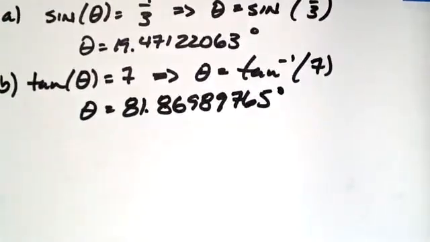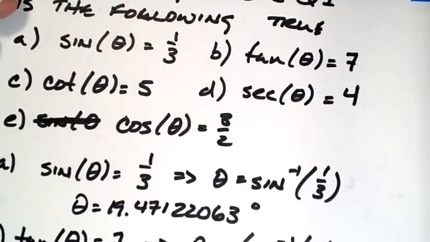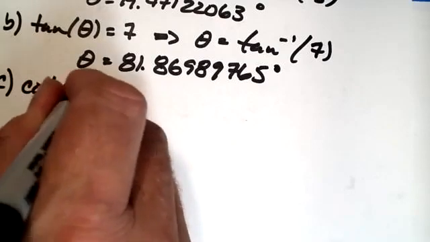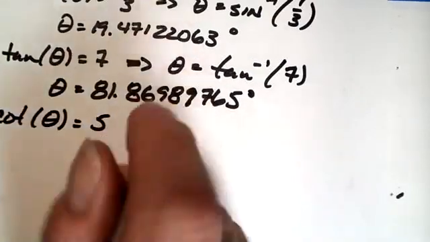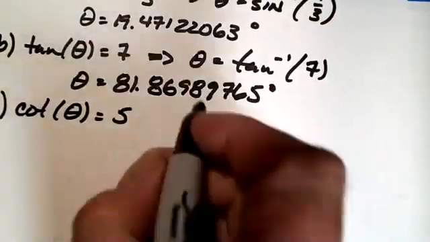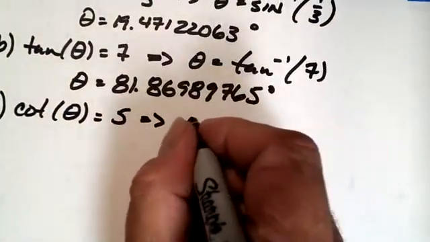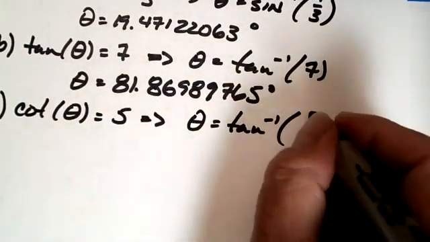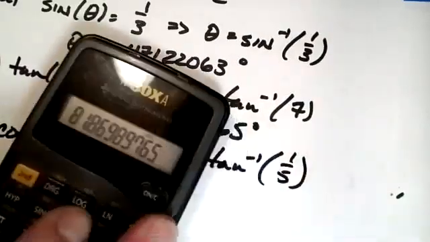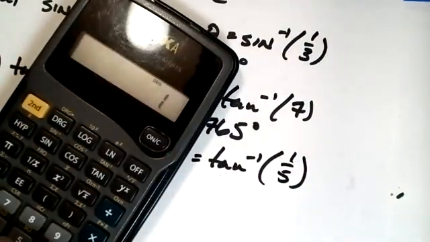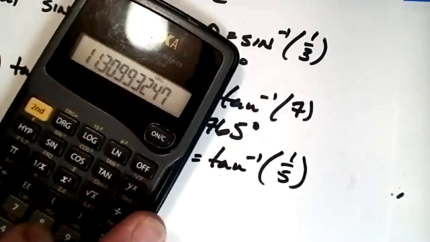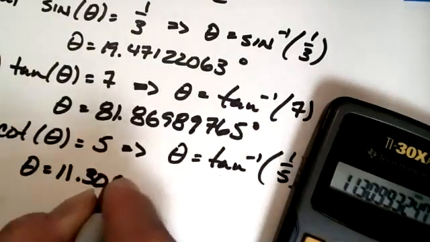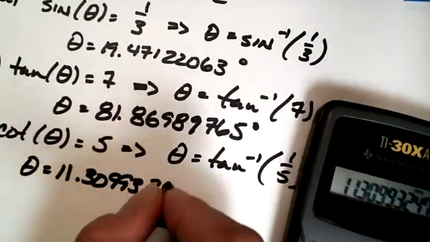What about the cotangent of theta equal to 5? Because of this argument that we just made, I think I can skip ahead and say that implies that theta is equal to the inverse tangent of 1 over 5, or just 1/5, which is 1 divided by 5, 0.2, and then I take the inverse tangent, and I get 11, so theta equal to 11.30993247.